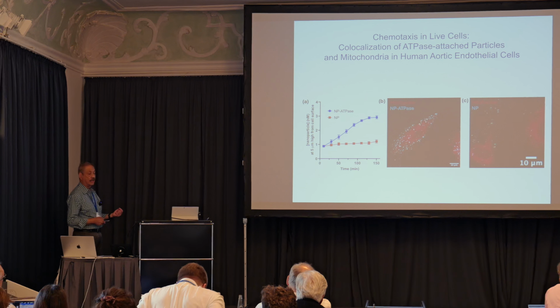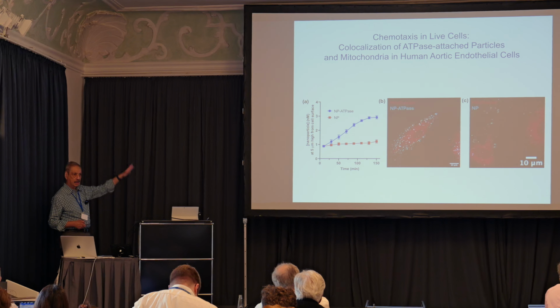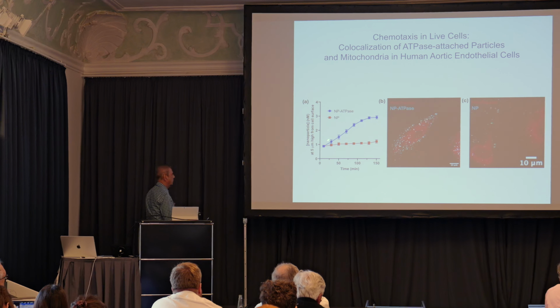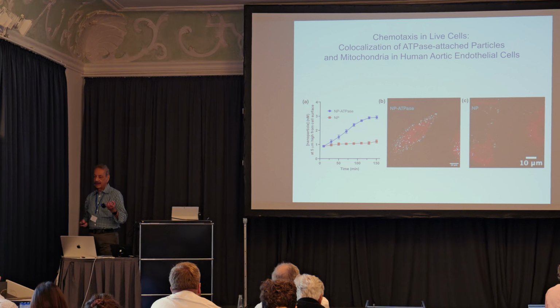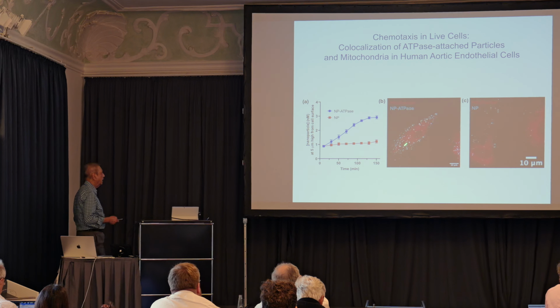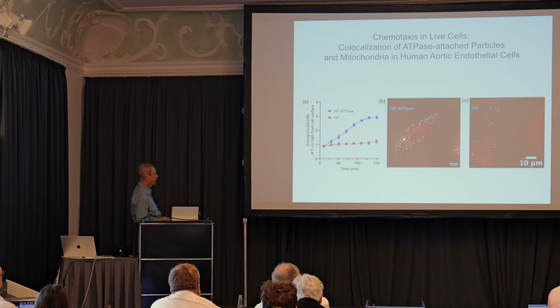The ones that are not functionalized are distributed evenly throughout the solution. So the ATPase particles come close to the cell, they get endocytosed, go into the cell, and then they collect near the mitochondria.